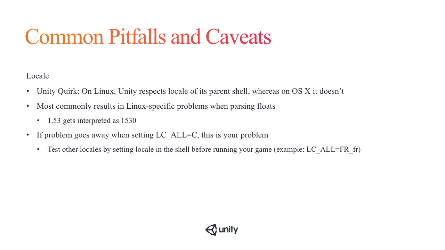This often will happen where, in North America, the system you're developing on is probably set to English, so everything is fine. You don't see any issue. But whenever a user in Germany or France tries to play your game, they see this kind of problem. You're not sure what's going on or how to reproduce it.